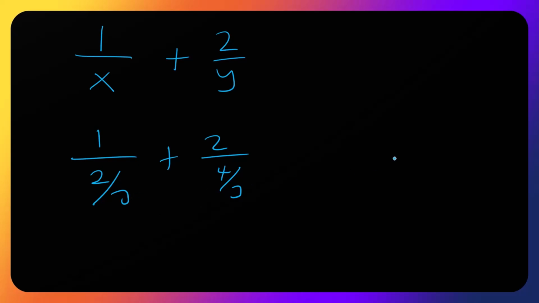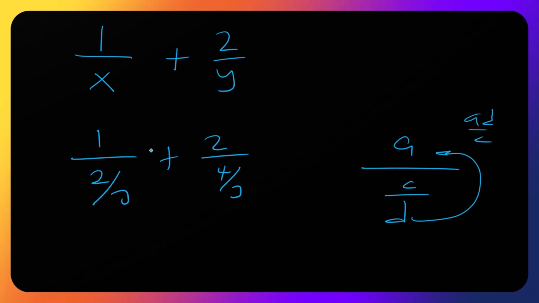When we have A on C on D, this one will multiply this, that will be AD over C. So this side will be 3 on 2 plus 6 on 4, 2 here 3, 2 here 2.